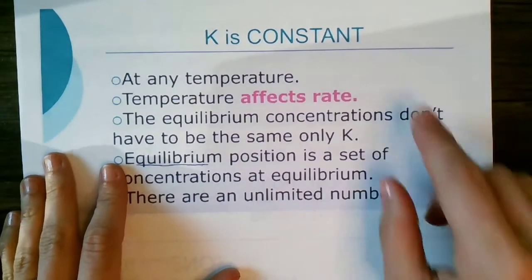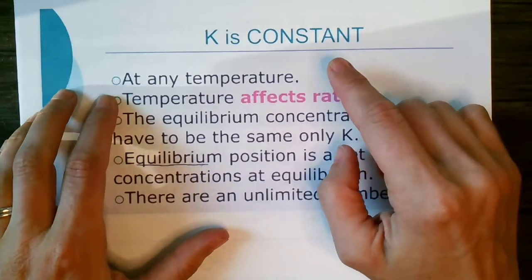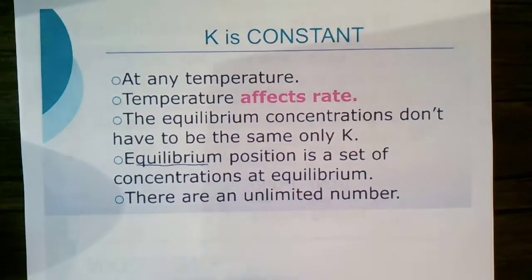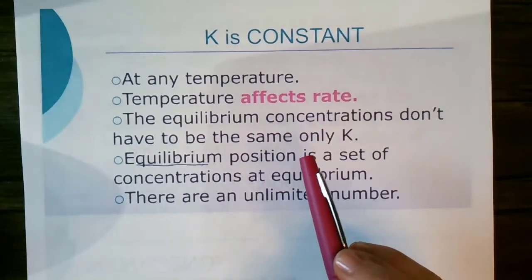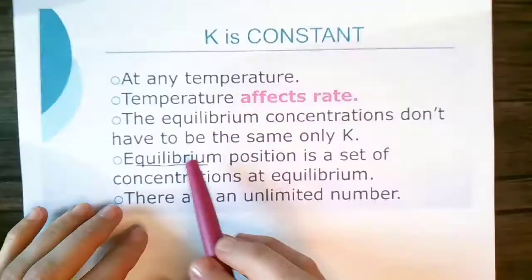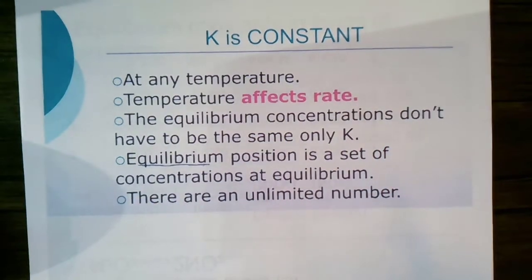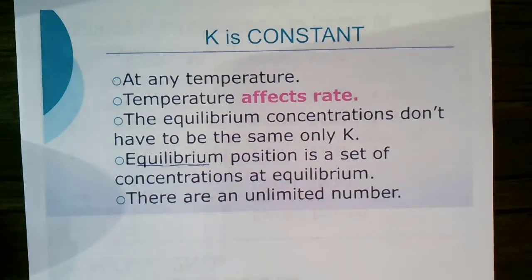So K is constant at any given temperature, but temperature does affect the rate. If we increase the temperature, then the K would change. So it is important that we know the temperature that the reaction is happening at. And the equilibrium concentrations don't have to be the same, only K. Equilibrium is a set of concentrations, so there's unlimited.